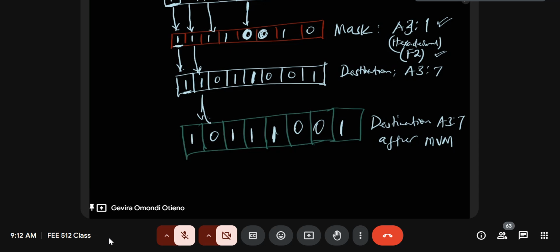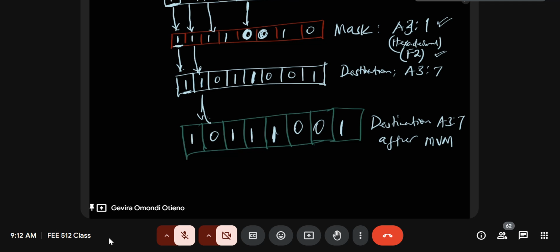They allow the move operation to happen. But for those bits designated 0 in the mask, they block the move operation. So we only retain the information that was originally in the destination that corresponds to that bit.